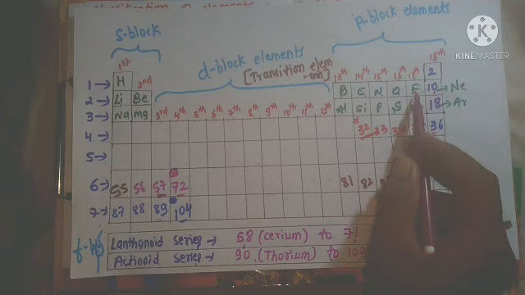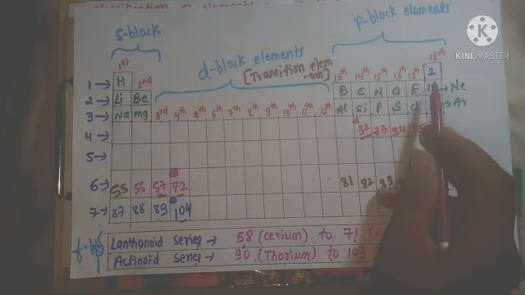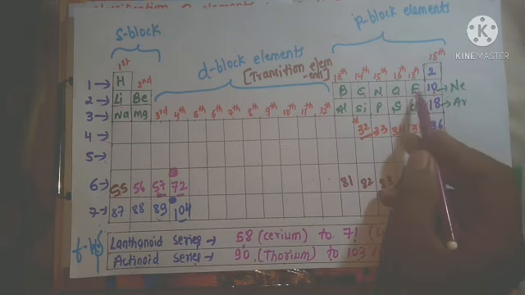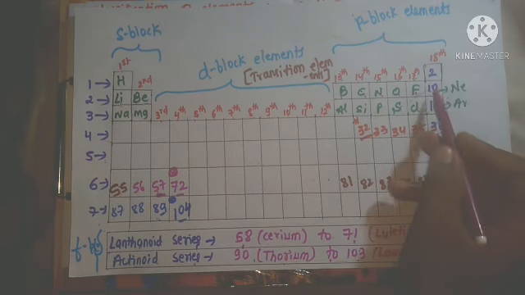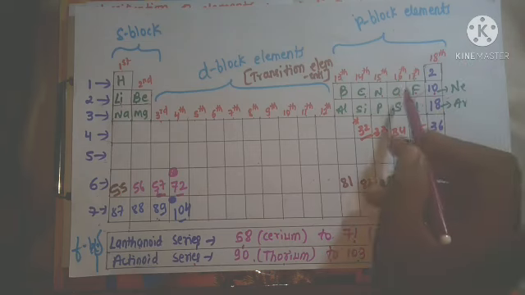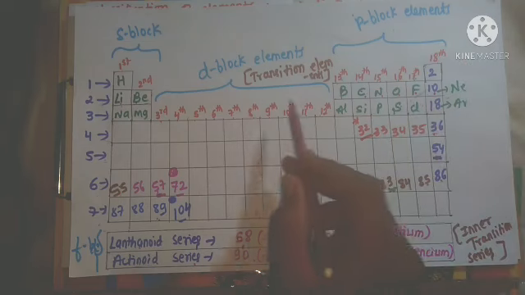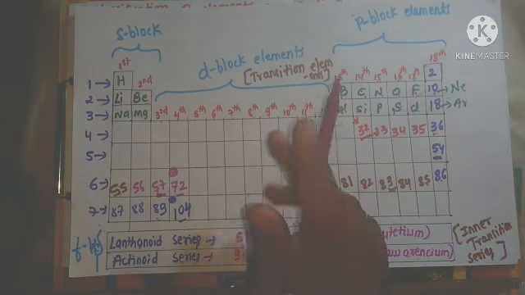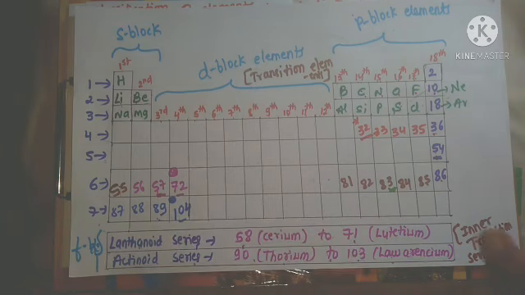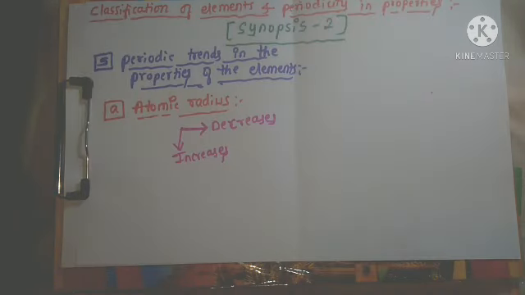Means the size of the halogens is lesser than the size of the noble gases. Noble gases size will be more than that of the halogens. 18th group element size will be more than that of the 17th group elements in that particular period. Not in all the periods, in that particular period. Now that is only I am writing.